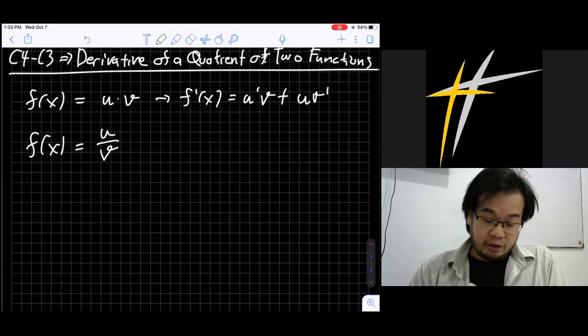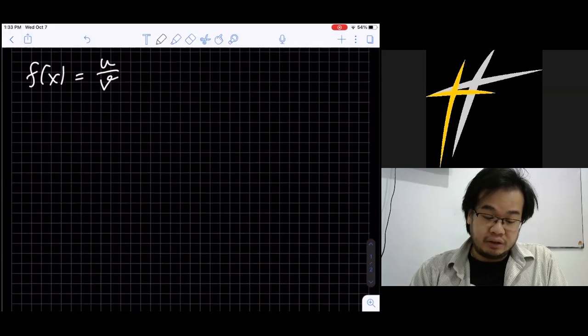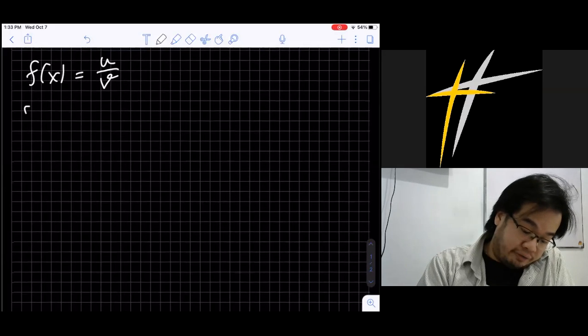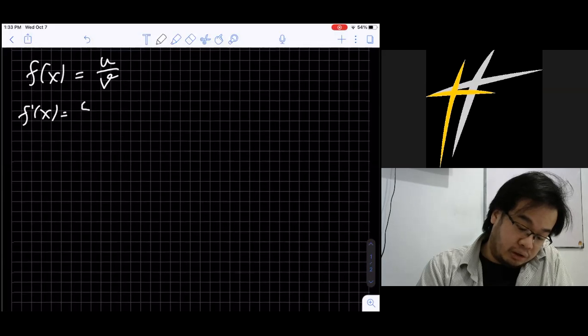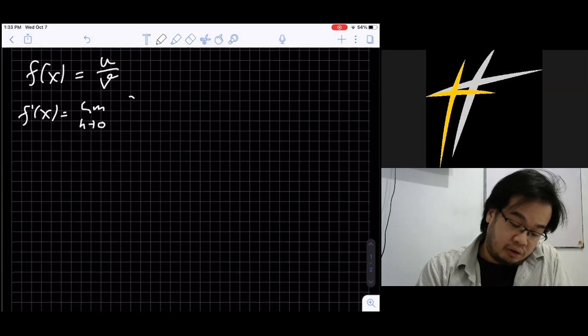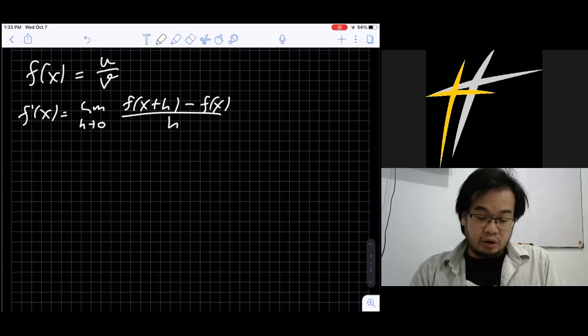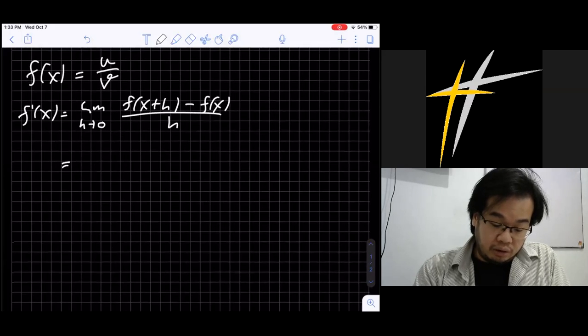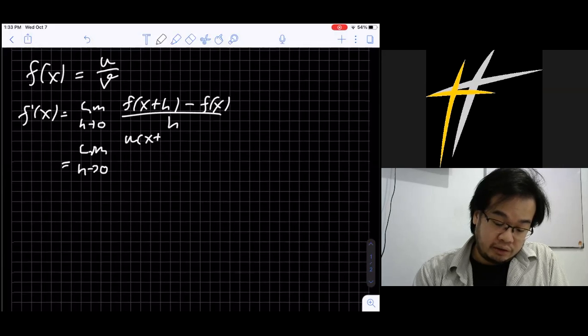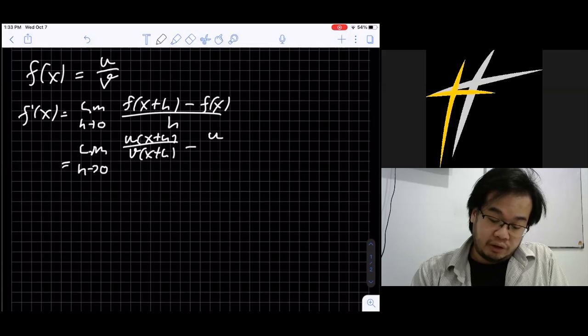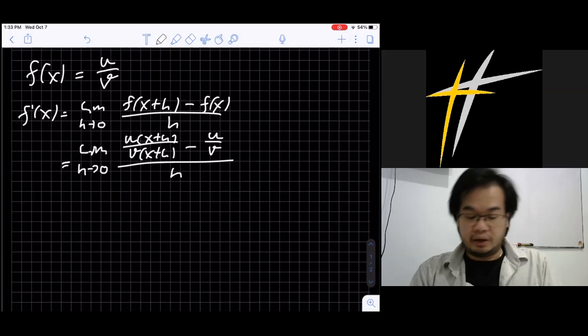As usual, we always use the mathematical definition of the derivative. So f prime x is equal to the limit as h approaches 0 of f(x plus h) minus f(x) over h. If f(x) is equal to u divided by v, then it will be equal to the limit as h approaches 0 of u(x plus h) divided by v(x plus h) minus u divided by v, over h.